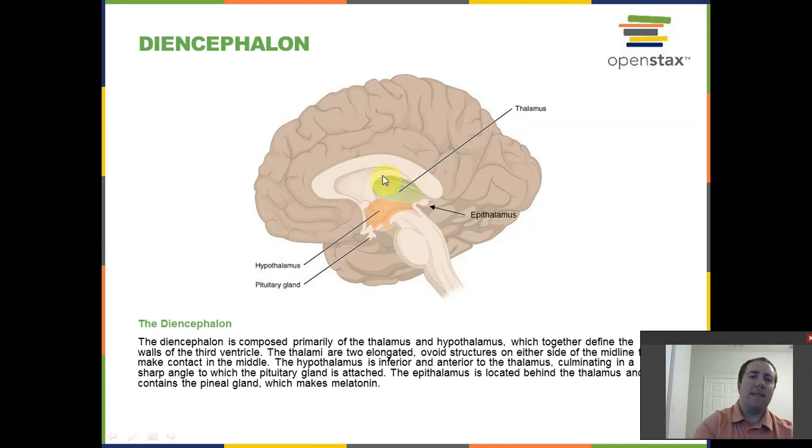And so the easiest thing to find in the diencephalon is the thalamus. So it is this egg-shaped region here, and it has a little bump on it. In every diagram, in every model you ever look at, the thalamus will have a little bump on it.